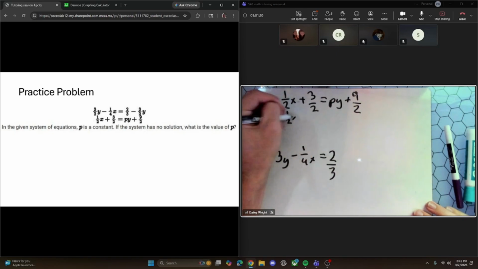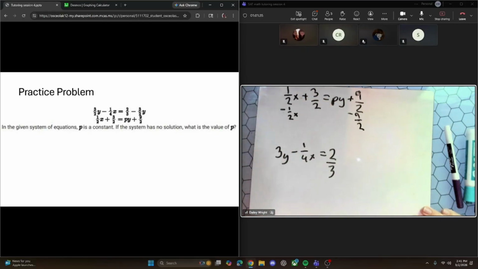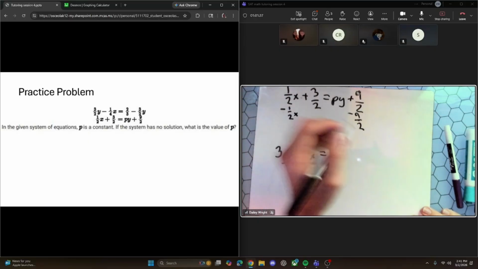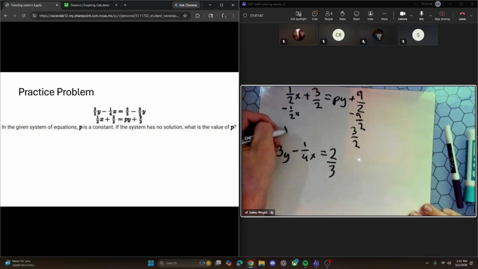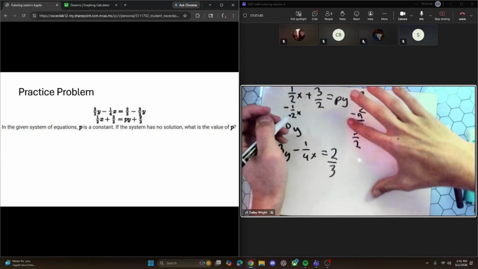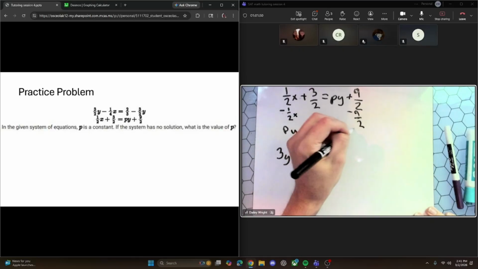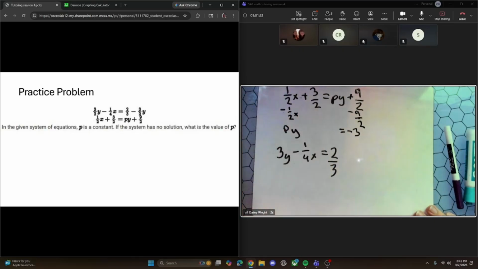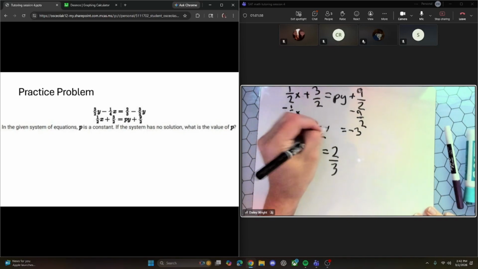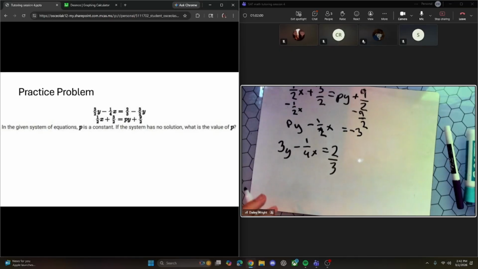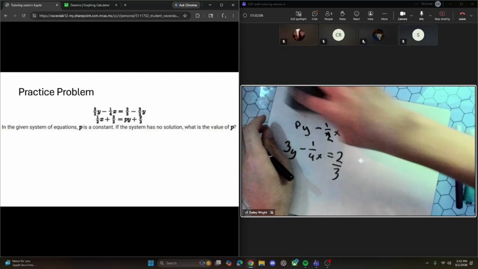Minus 1/2 x and then minus 9/2, and that'll give me, I'm going to put the constant on this side, so equals 3/2 minus 9/2, that's going to be negative 6/2 or negative 3. py minus 1/2 x equals negative 3. So now I have both of my equations simplified about as much as I can get them.